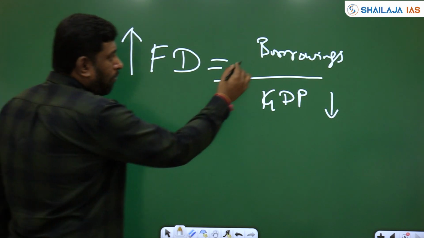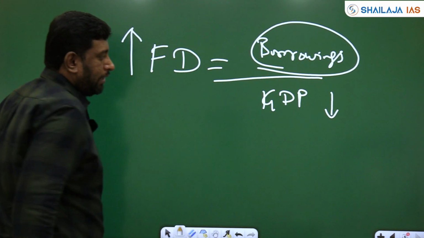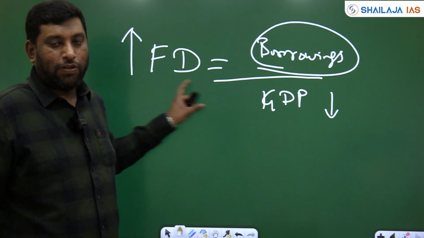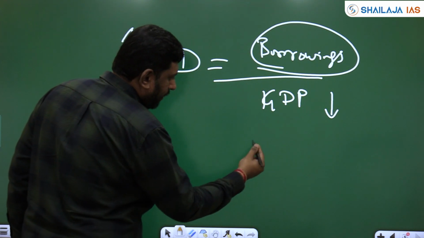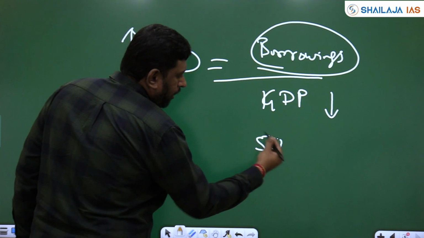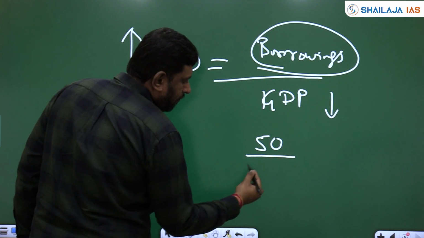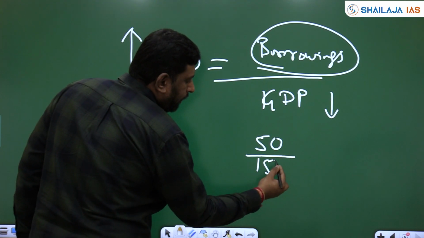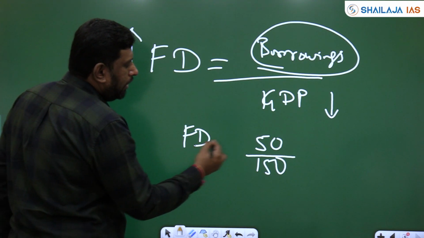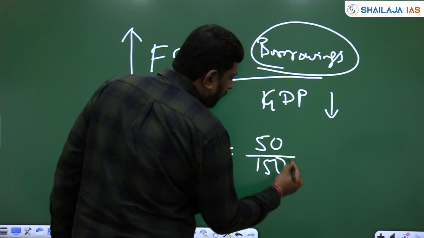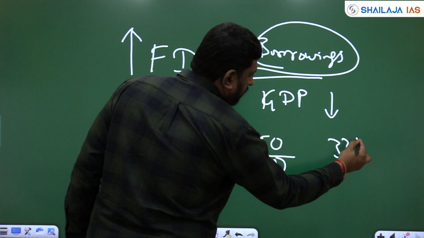So for the same amount of borrowings, just because your GDP has gone down, your fiscal deficit is increasing. For example, earlier, they were borrowing 50 rupees and the total GDP was around 150. So the fiscal deficit was around 33%.